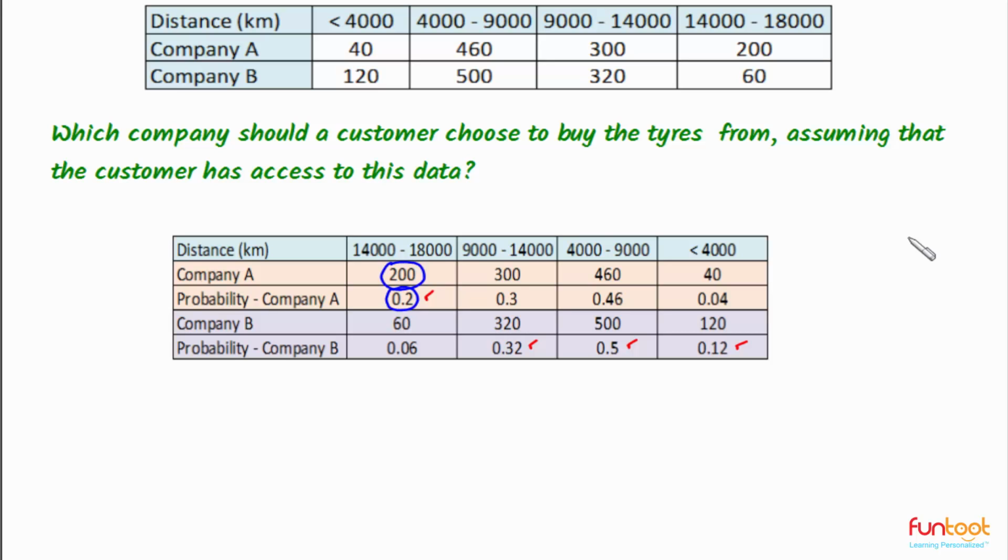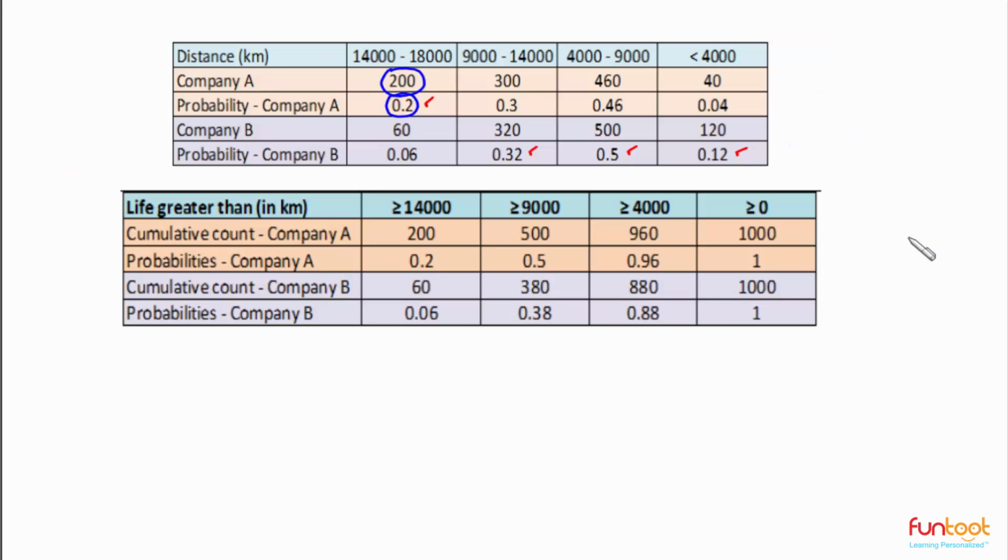So for deciding, we will make a table which is based on cumulative count. Since the customers want maximum life for tires, it is better to take the cumulative count where we say number of tires whose life is greater than a particular value.